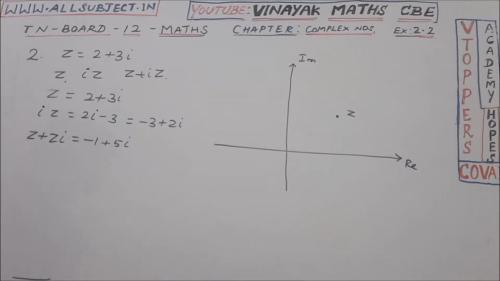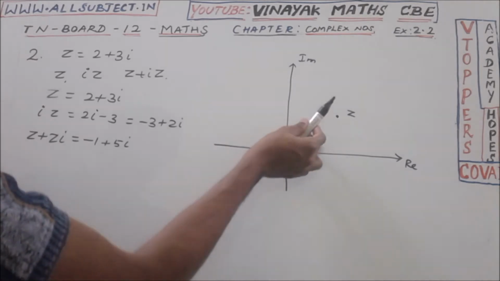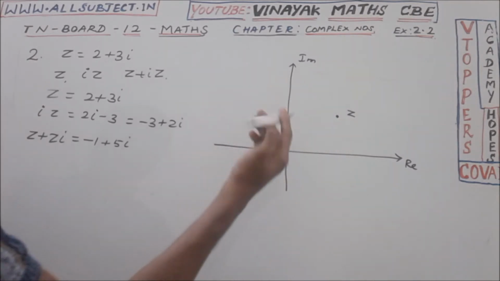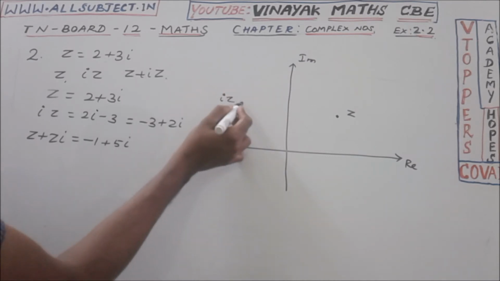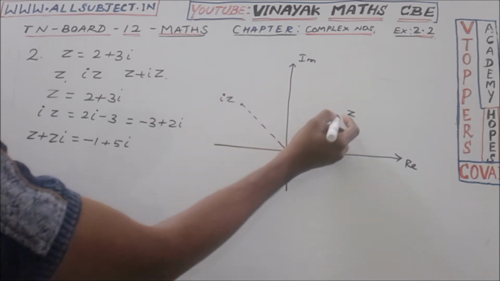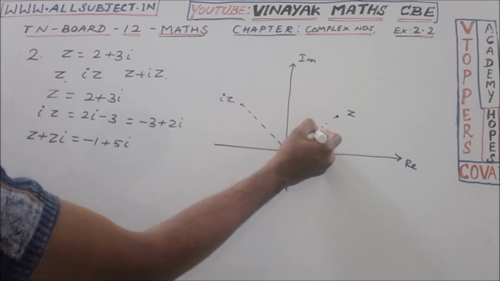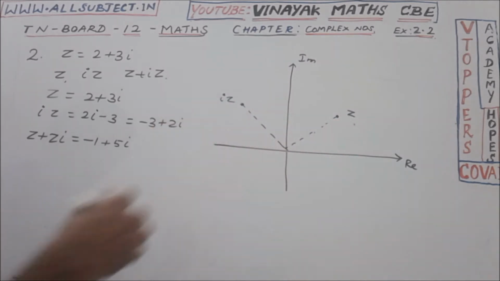And iz means rotating in the counterclockwise direction, that is rotating the complex number in the counterclockwise direction. Therefore, iz is rotating 90 degrees from here to here, that is here. This is iz. This is z, the position of z. This is the position of iz.